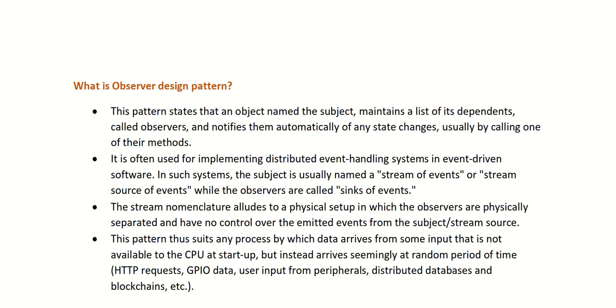The stream nomenclature alludes to a physical setup in which the observers are physically separated and have no control over the emitted events from the subject or stream source. So the subject and the observers are loosely coupled, not tightly coupled together.